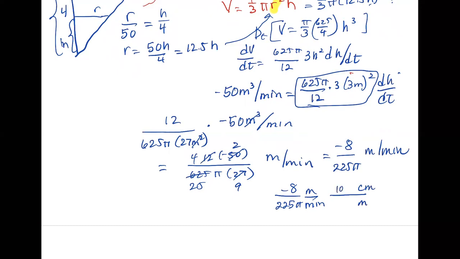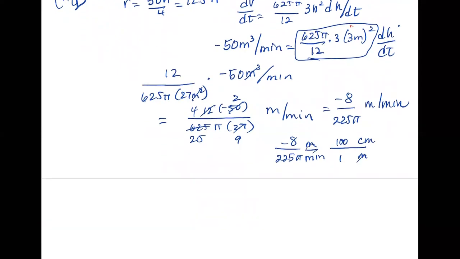And there are 100 centimeters in 1 meter. So that would be negative 800 centimeters over 225 pi per minute, or negative 800 over 225 pi centimeters per minute.